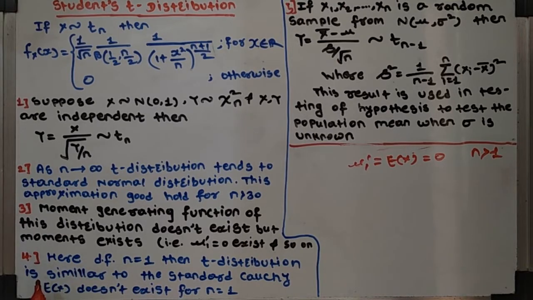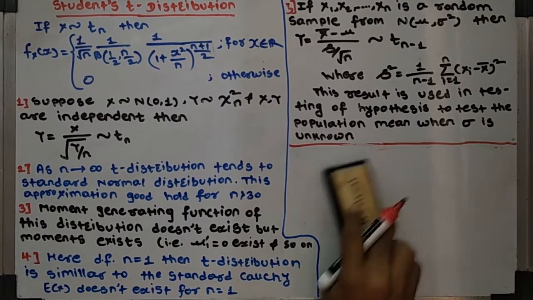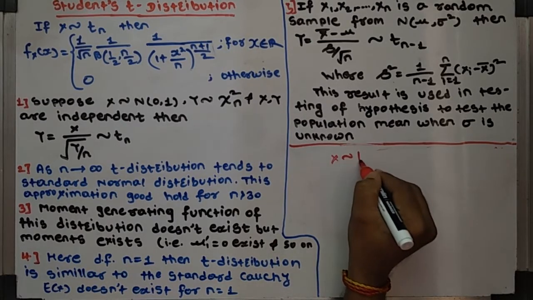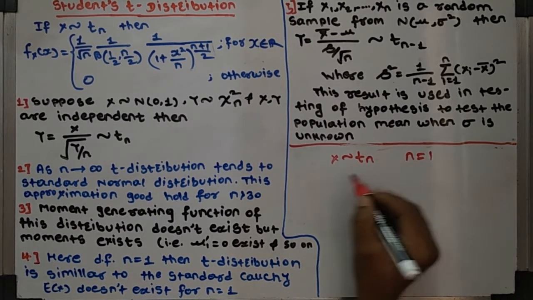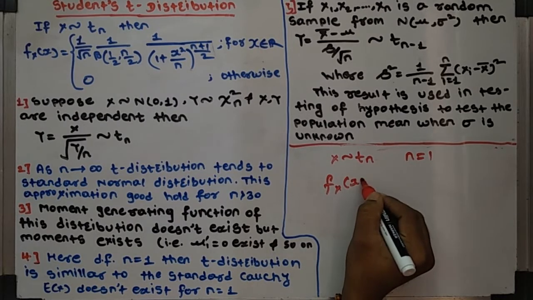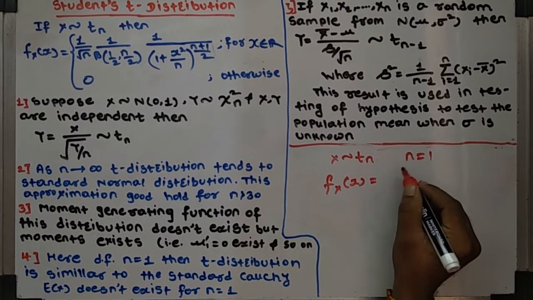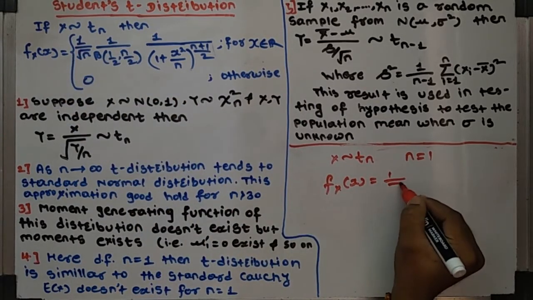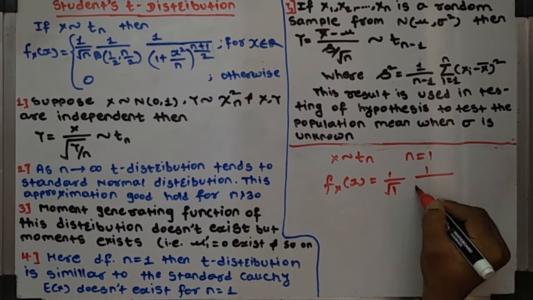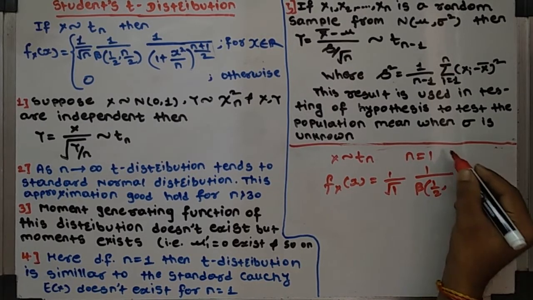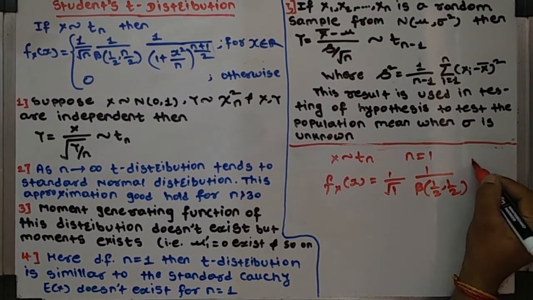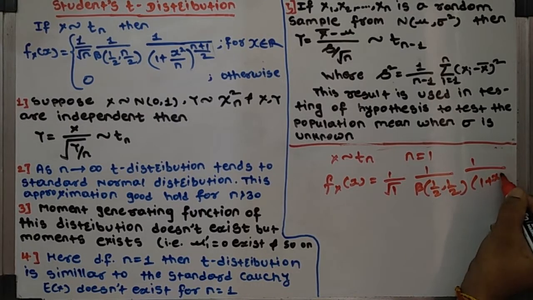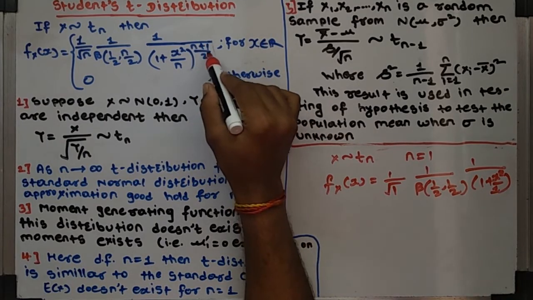And fourth result is, when degree of freedom n equal to 1, then t distribution is similar to standard Cauchy distribution. Here we are given that x follows t with n, and n equal to 1, therefore its probability density function of x equal to 1 upon under root of n, here n is 1, into 1 upon beta(1/2, n/2), here n equal to 1 is 1/2, into 1 upon (1 plus x square by n) raised to (n plus 1) by 2.